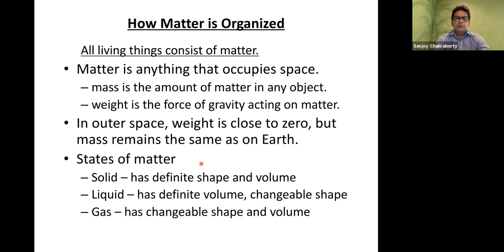We are going to learn about matter, elements, compounds, and atoms, with a little bit of detailed chemistry of atoms, meaning atomic number, mass number, isotopes. Then we are going to learn about different types of bonding: ionic bond, covalent bond, hydrogen bond. Then a little bit about water properties.